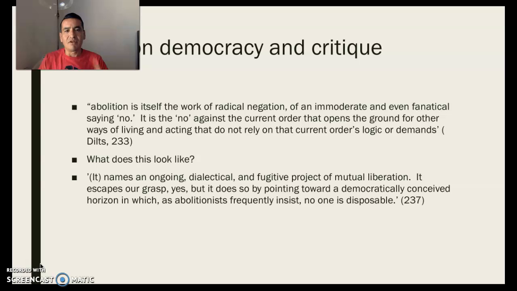We are calling for an abolition of this society, where maybe as people are practicing and thinking through and enacting new forms of democratic participation, that radical egalitarianism, maybe we will achieve, not maybe, but possibly, we will achieve that stage where nobody is disposable, no human is disposable, right? Where people will not be housed and put away behind bars, where children will not be in cages. That is what Andrew Dilts is telling us here.